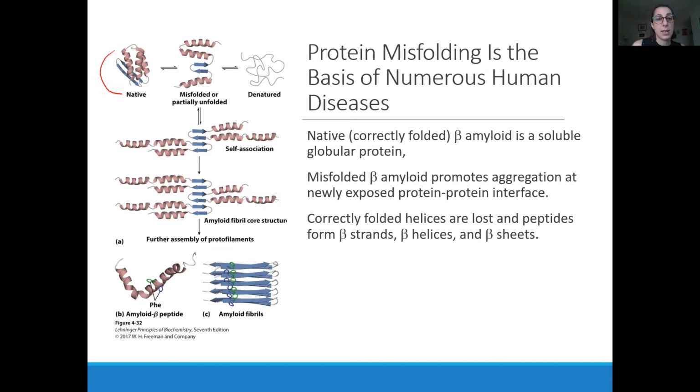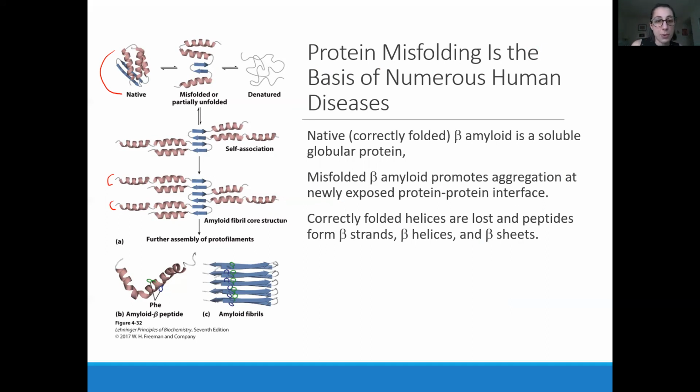This protein can potentially misfold, and when it misfolds partially, the chains on its secondary structure have the potential to reorient and restructure themselves into an aggregation or fibril type structure. So they go from this native globular protein to potentially having this fibril nature as they interact with other beta amyloid structures that have been misfolded.